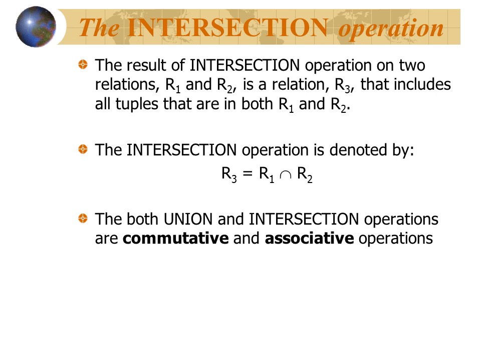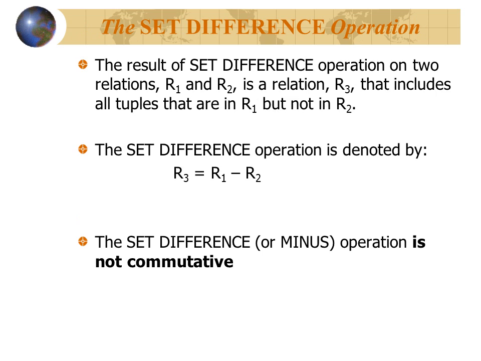Here the example contains four attributes in R1, and R2 also contains four attributes, and R3 includes all the tuples that are in both R1 and R2. This is the symbol by which intersection is denoted. Both union and intersection operations are commutative and also associative.